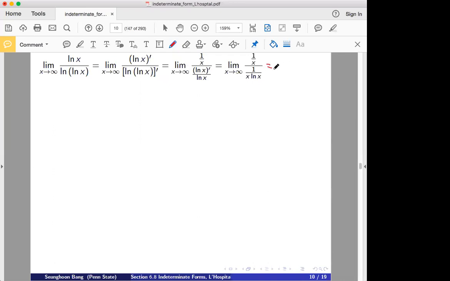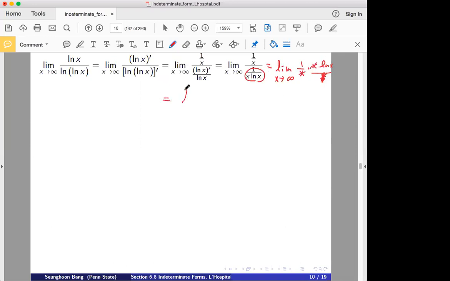Next, simplify. This is the limit as x approaches infinity. The numerator is 1 over x times the reciprocal of the denominator, x times ln of x over x, which is 1 over x times ln of x. The x is crossed out.